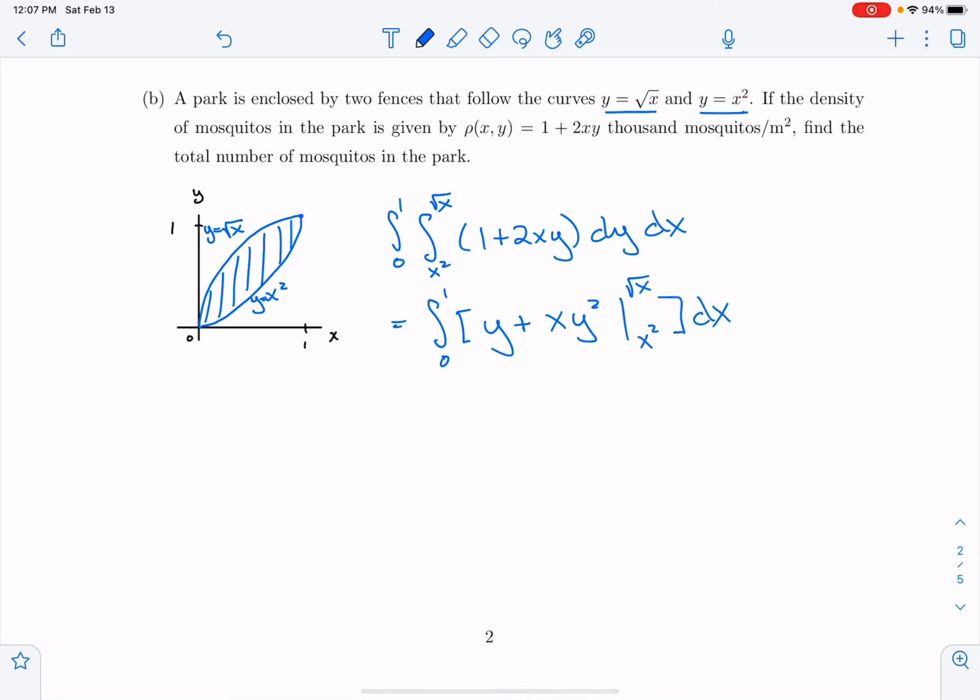So when I substitute in, I'm going to get square root of x plus x times y squared. So that's x times x, or x squared. And then minus y is equal to x squared. And then x times y squared, that's going to be x times x to the fourth, or x to the fifth.